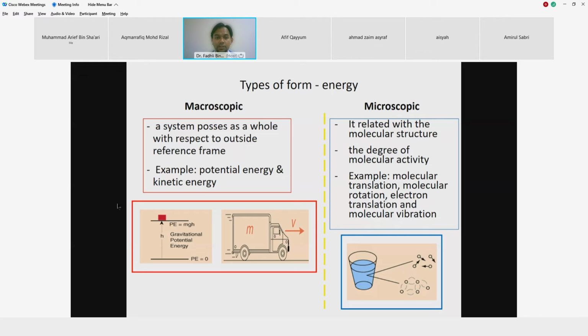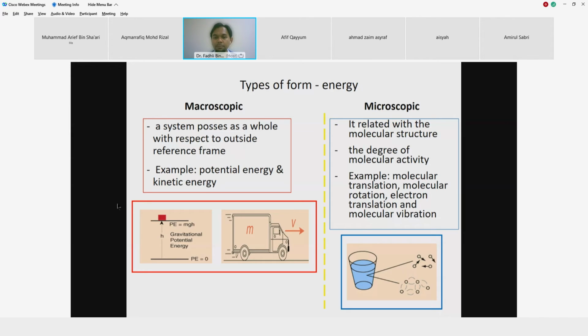Energy has two forms, macroscopic and microscopic. Macroscopic energy is what a system possesses as a whole with respect to an outside reference frame, for example, potential energy and kinetic energy. This is big scale.